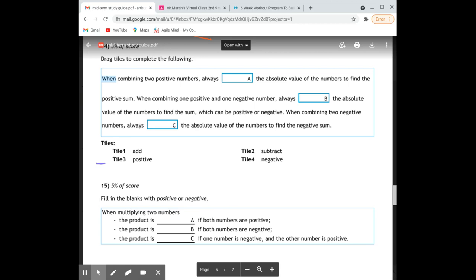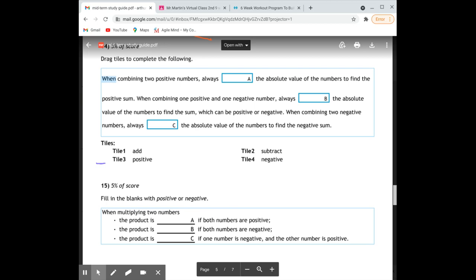When combining two positive numbers, always blank the absolute value of the numbers to find the positive sum. When combining one positive and one negative number, always blank the absolute value of the number to find the sum, which can be positive or negative.